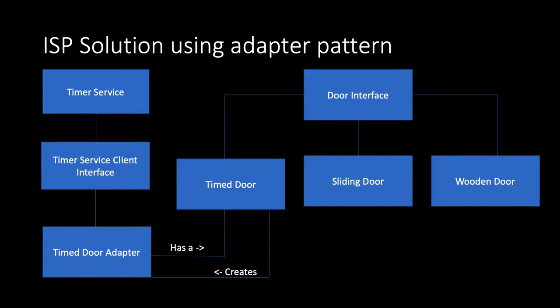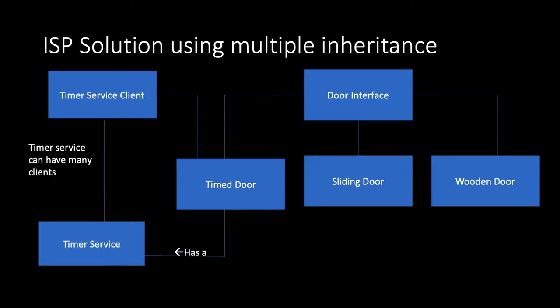Let's have a look at the multiple inheritance based solution. In this approach, we will create a new interface which will have the timeout method. It's called the timer service client, and the timed door has to implement both the door and the new timer service client interface.